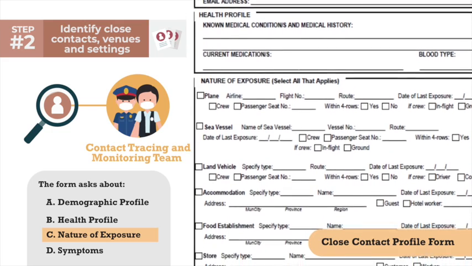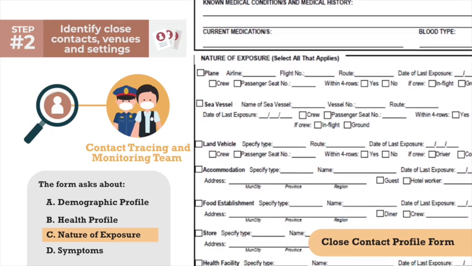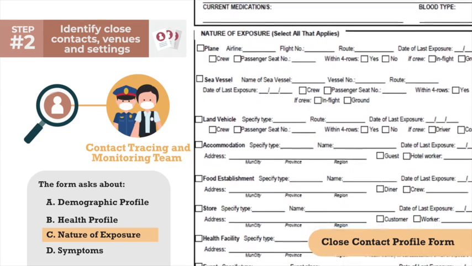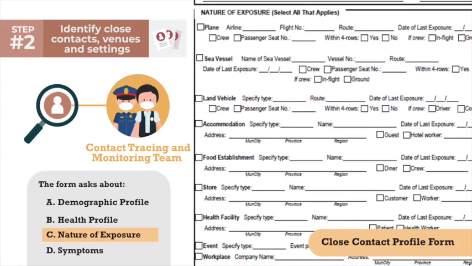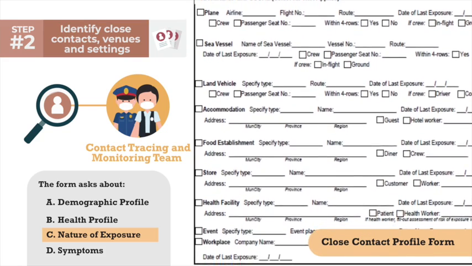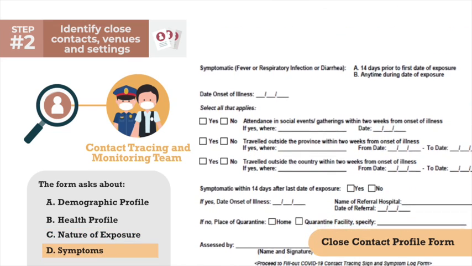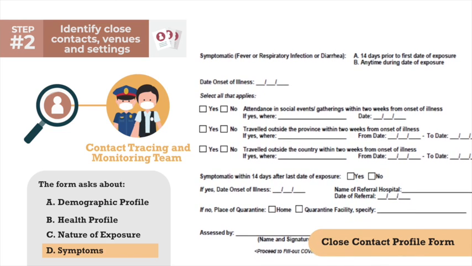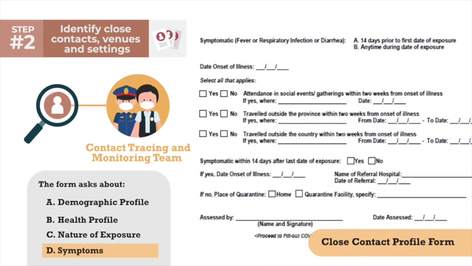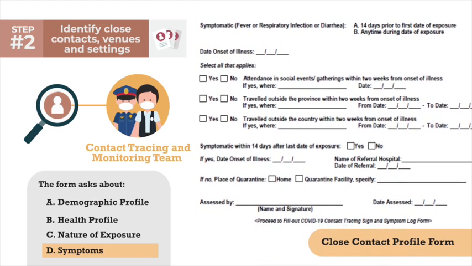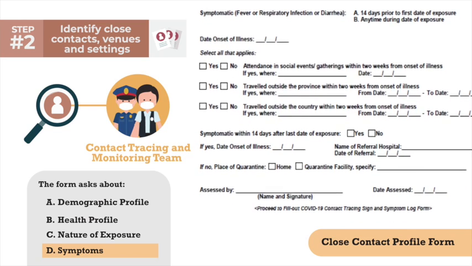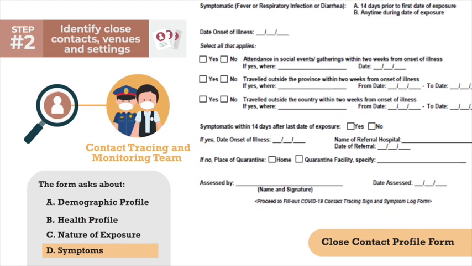This includes travel information, accommodation, food establishments visited, stores visited, health facilities visited, events attended, and workplace. Symptoms, if there are any, will also be asked. This includes presence of fever or respiratory infections or diarrhea in the 14 days prior to first date of exposure or any time during or after date of exposure.